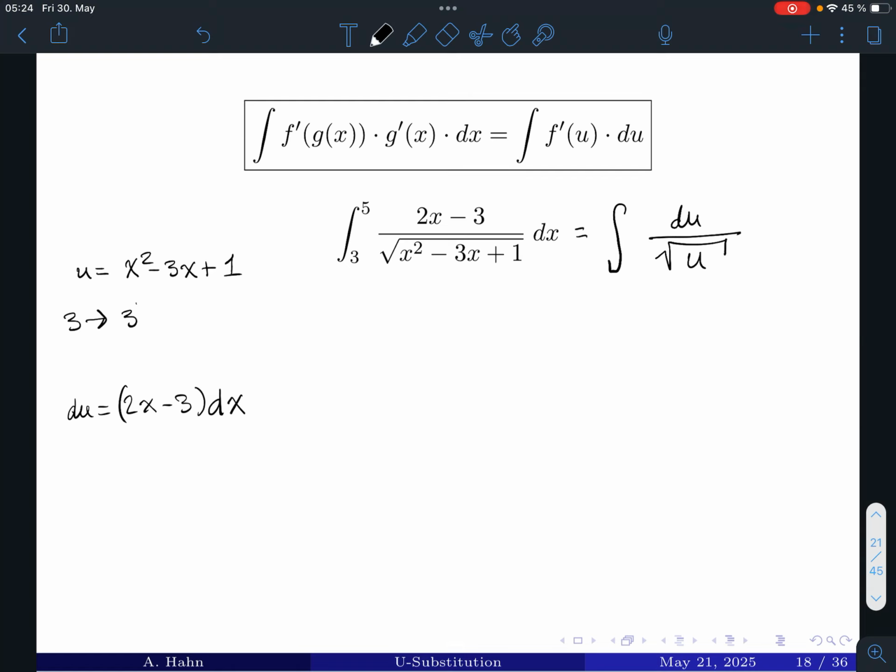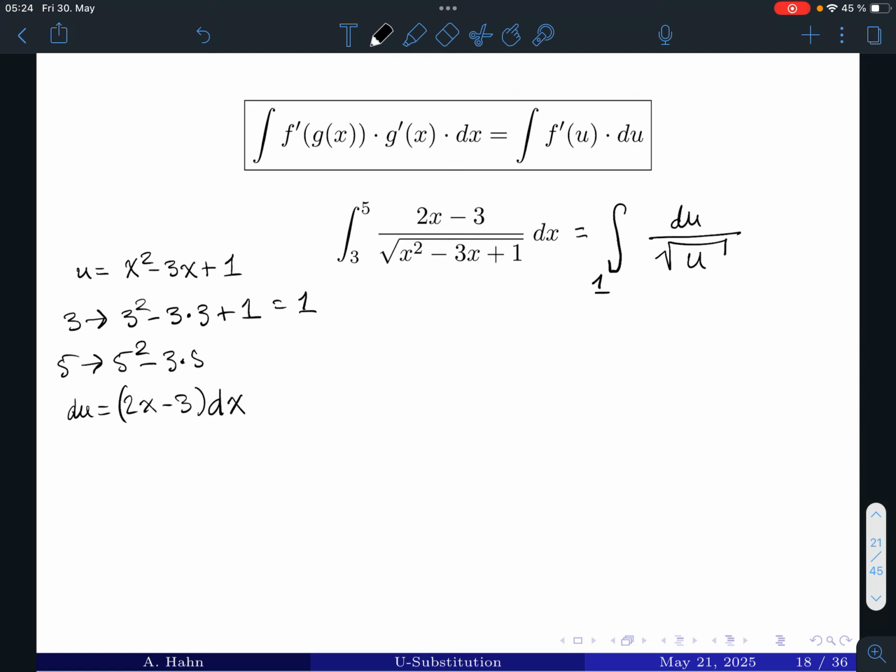We have a relationship between u and x, and we're going to use that relationship to write down our new values. So we're going to say that 3 gets turned into 3 squared minus 3 times 3 plus 1. That's going to be our u value. This is 9 minus 9, which is 0, plus 1 is 1. So our x is equal to 3 gets turned into u is equal to 1.